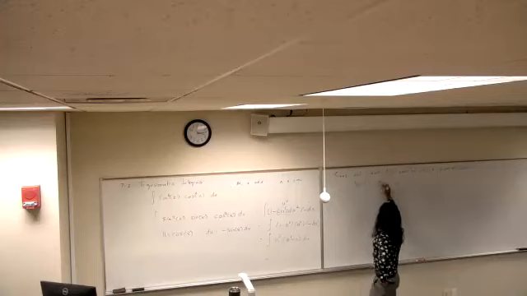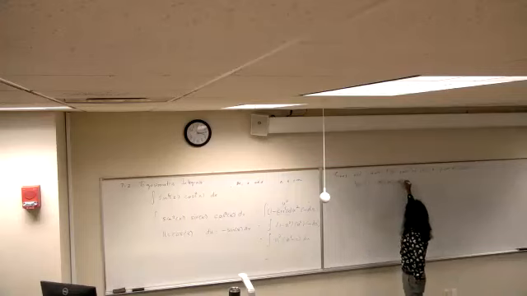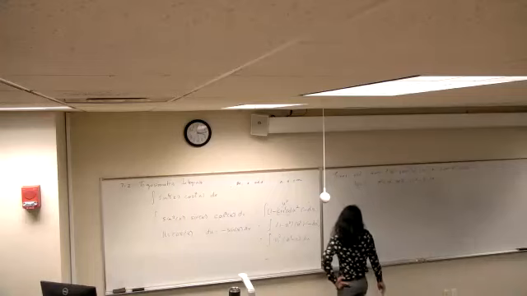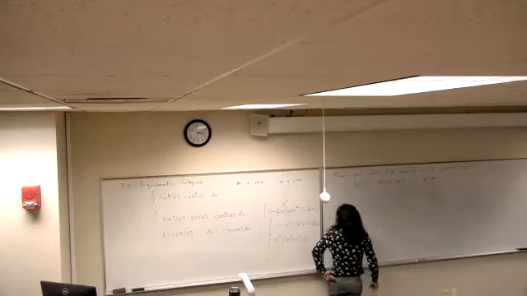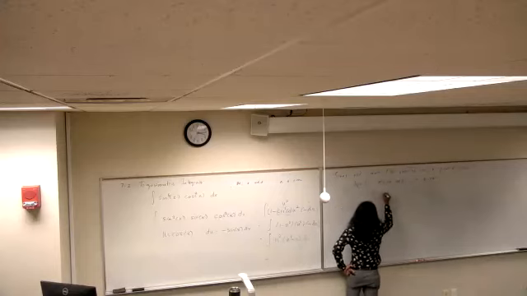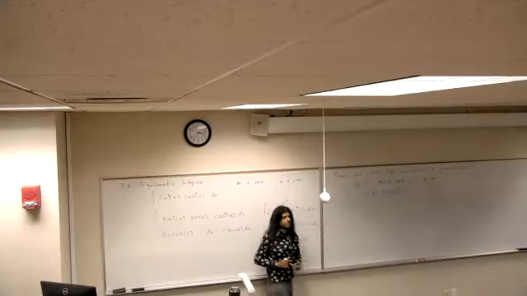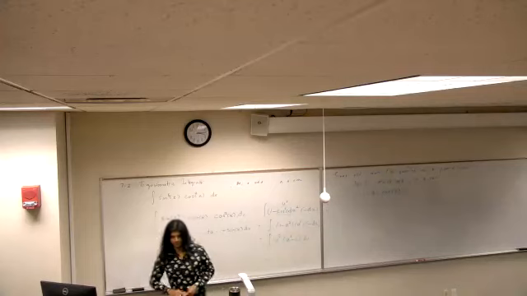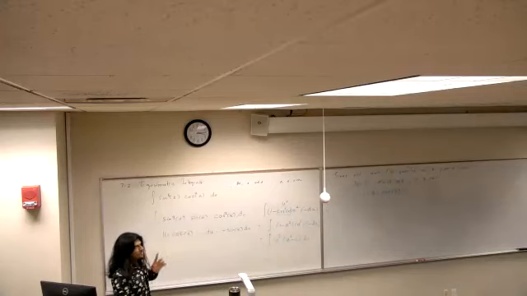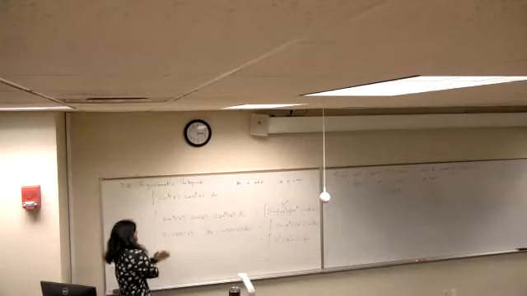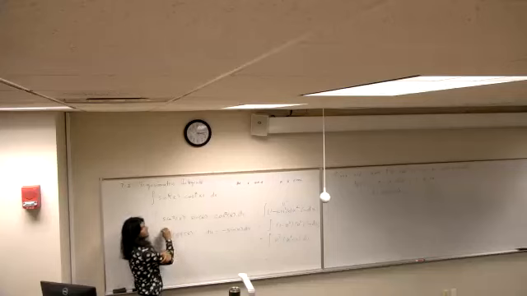If m is odd, n is even, your substitution will be cosine x. You've got to start with a substitution of cosine x, and that will lead you on what to do.